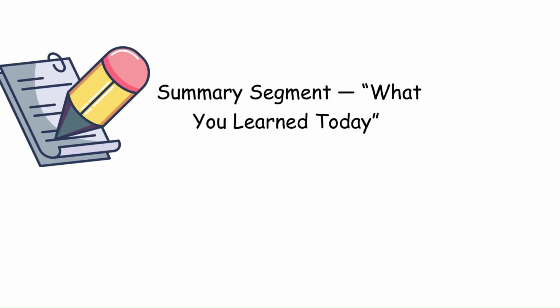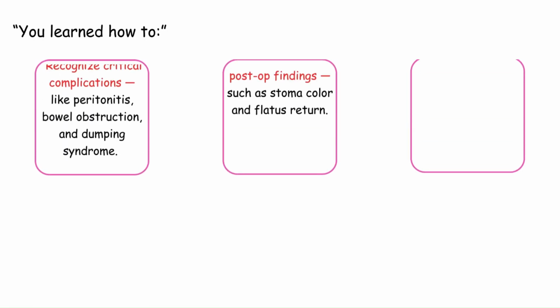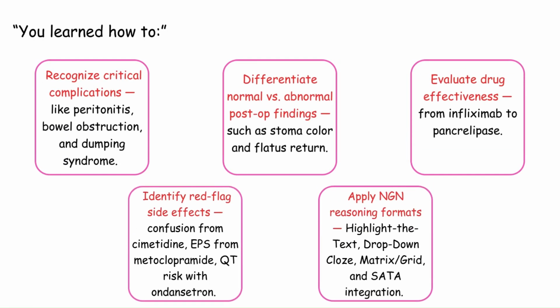Quick summary: what you mastered today. In this GI masterclass, you strengthened every high-yield concept you need for the exam. How to spot life-threatening complications like peritonitis, bowel obstruction, and dumping syndrome. How to separate normal versus abnormal postoperative findings.